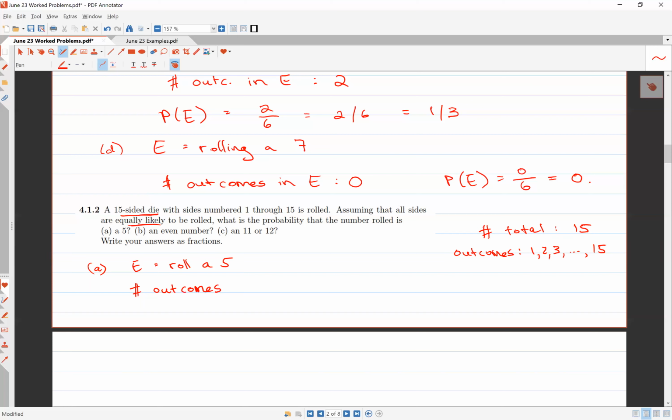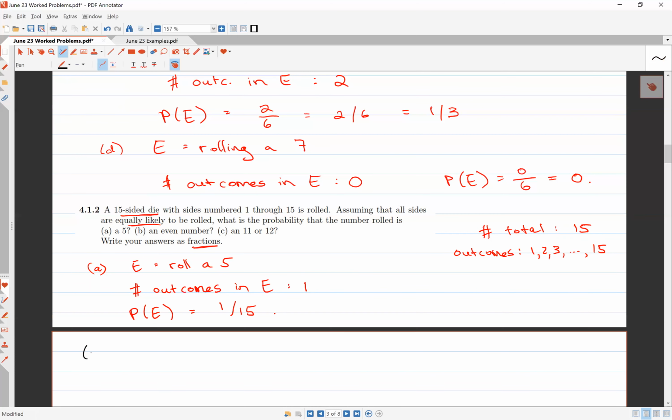So how many outcomes are there where the die would show a 5 once you've rolled it? Only one. So in this case, the probability is going to be 1 in 15. That's how we would represent it as a fraction.